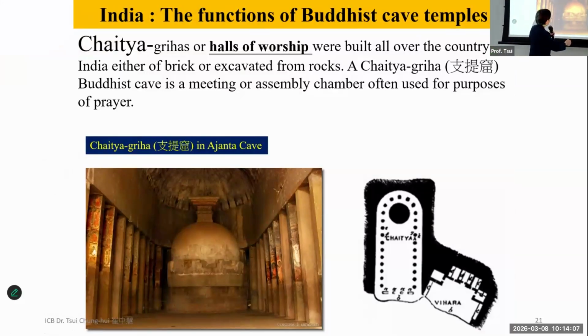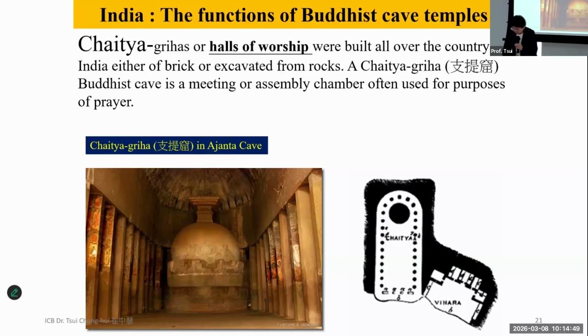They built the Chaitya cave here, and then built the Vihara cave side by side, building different architectural types of caves for different purposes of practice. The Buddhist monks can practice worshiping the Buddha and circumambulation in the Chaitya cave. After worshiping the Buddha, they can practice meditation in the Vihara cave.